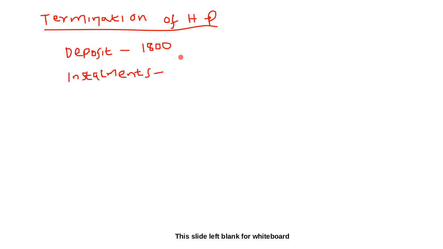So we'll have 250 times 5. So what will that give us? 250 multiplied by 5.